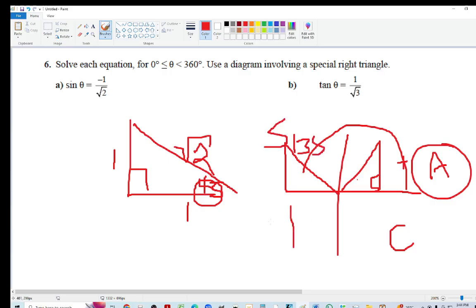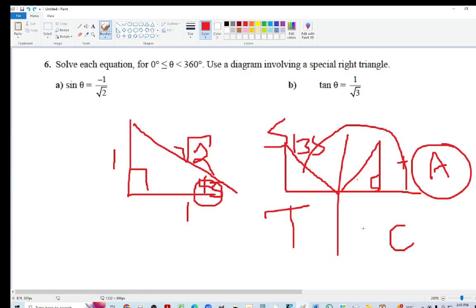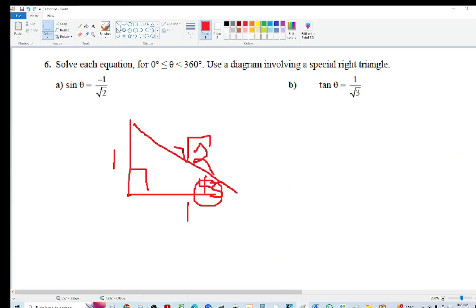And then down here, it is negative. So this, because it's negative, is in this quadrant or this quadrant, because there's two possible negative answers. So the question becomes, what is 45 degrees in those two quadrants?